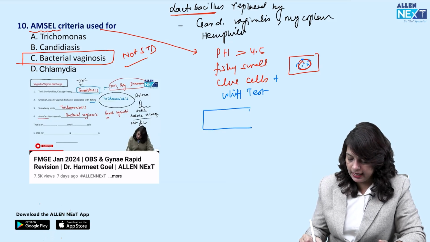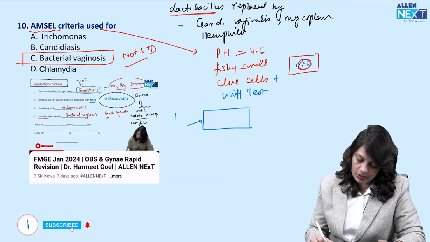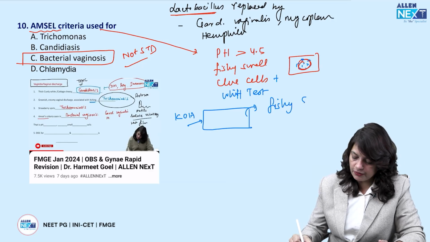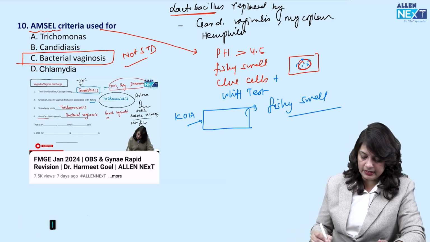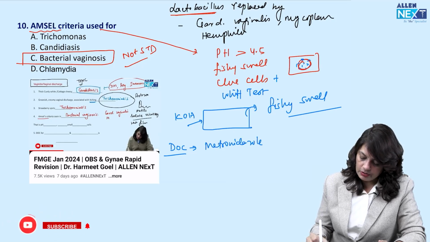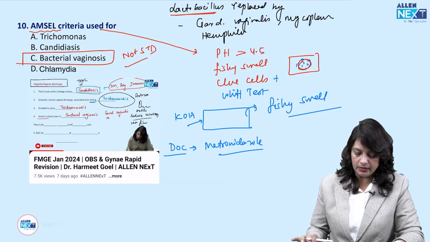That is, you take the sample of the vaginal discharge on a slide and put KOH, you can smell, there is a fishy smell. This is bacterial vaginosis. And the drug of choice for bacterial vaginosis is metronidazole. It is not an STD, so there is no need to treat the partner.